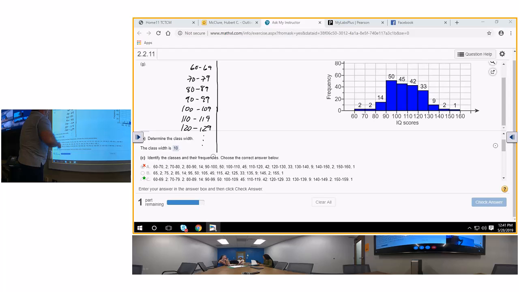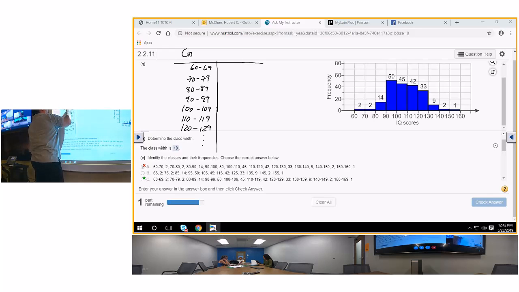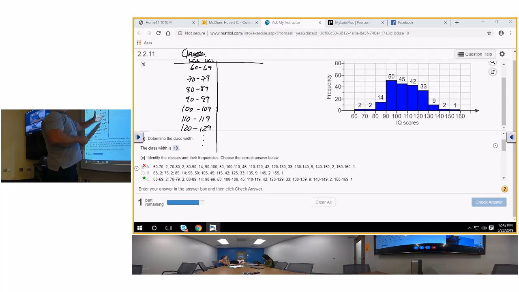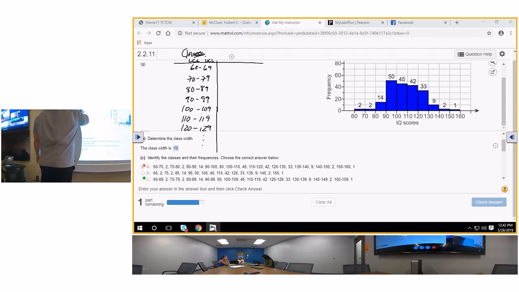You got it? These are the classes, and the classes are made up of two numbers. The lower class limit and the upper class limit. The lower class limit is on the left. The upper class limit is on the right. And then your frequency, which is a 25-cent word for what?